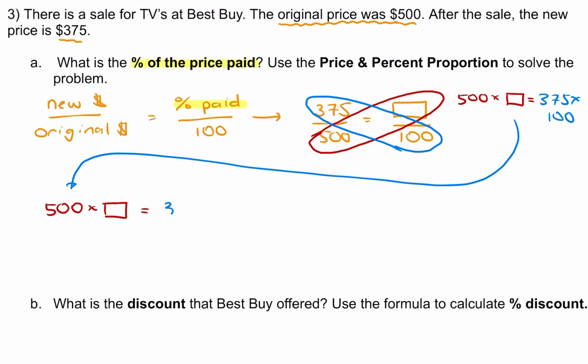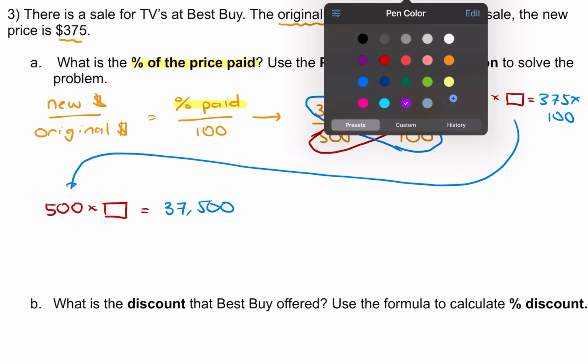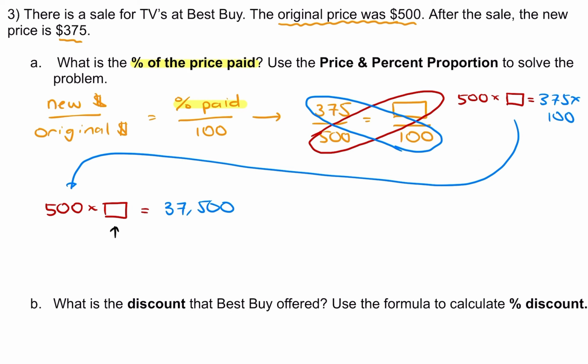That gives us 37,500. From here, you can either guess and check, but if you want to work a little bit faster to find what belongs in this blank, we do 37,500 divided by 500.